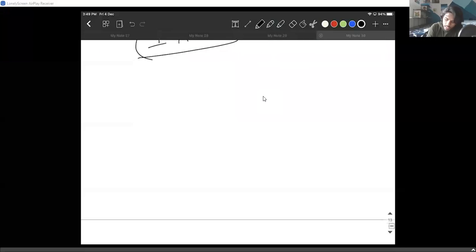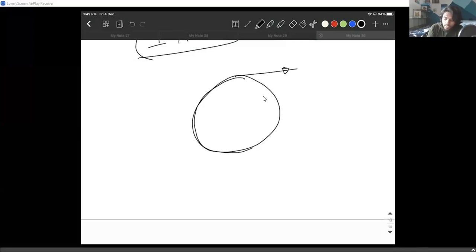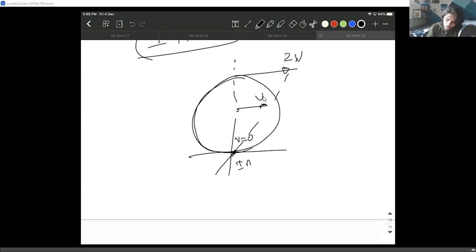I'm going to draw all the three cases here. In one case, 2v, v0. If we try to find the instantaneous axis of rotation, it is coming right here, so we can clearly say it is in pure rolling.